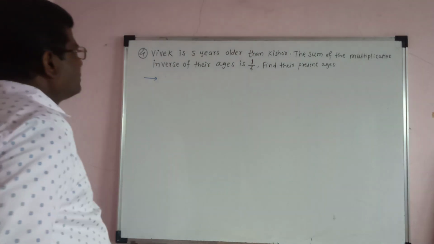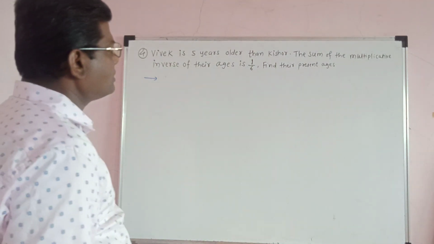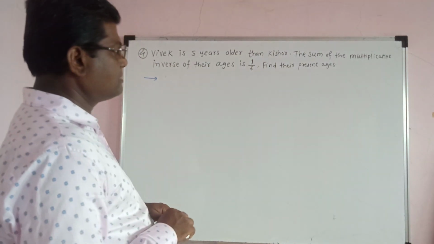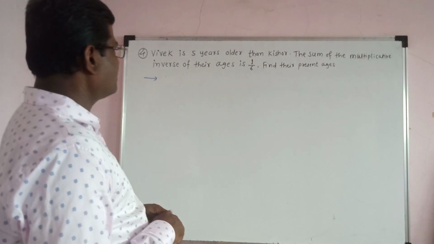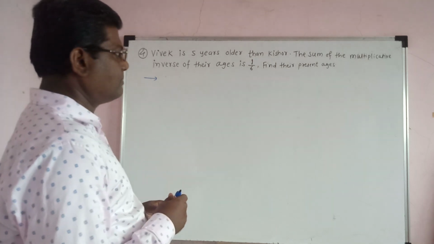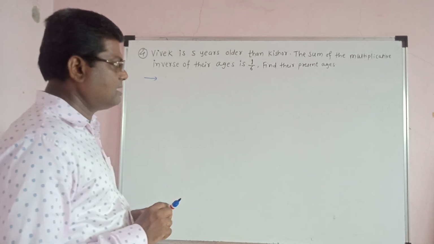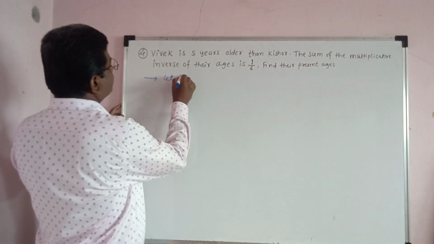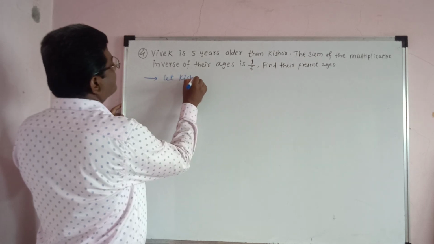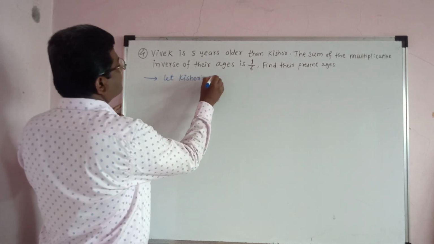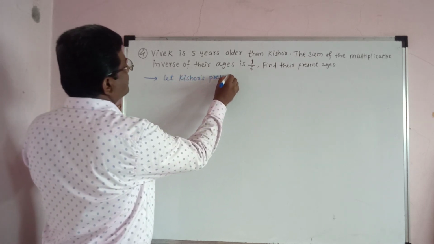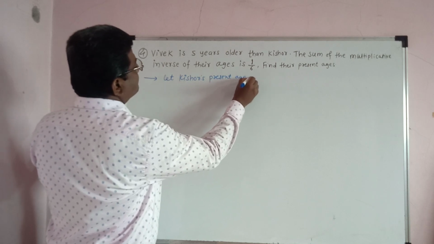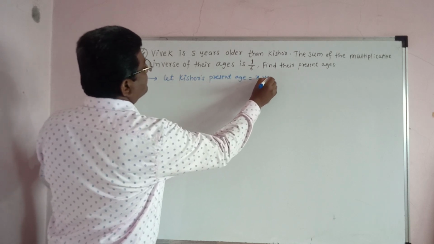Question number 4. Vivek is 5 years older than Kishore. The sum of the multiplicative inverses of their ages is 1/6. Find their present ages. Let Kishore's present age be x years.